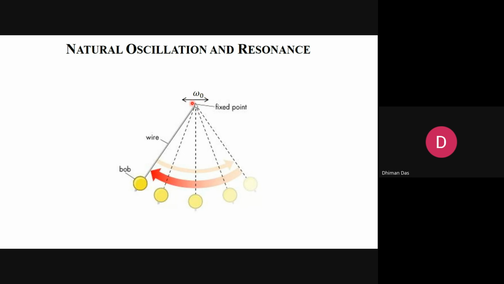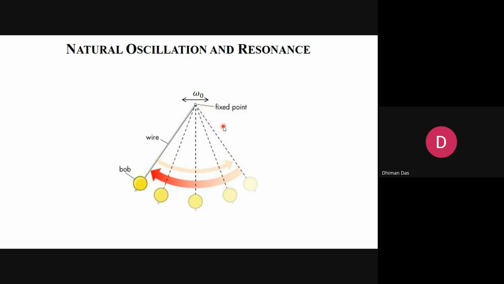This oscillation will sync with the natural oscillation. So when it tries to die down, you are not allowing the oscillation to die down. You again push some energy so that it gains the energy at the next cycle. At the first cycle, it is natural oscillation. At the second cycle also, it can retain the same energy. The energy should not be lost, and you can do that by pushing external energy.